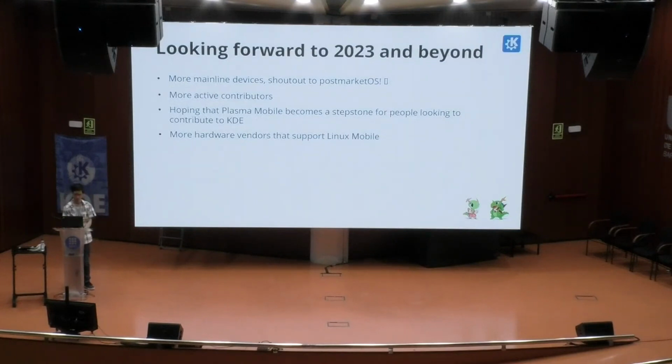The more devices that run near to the mainline Linux kernel, the easier it is for us to run Plasma Mobile on them, and to bring Plasma Mobile to more end users.